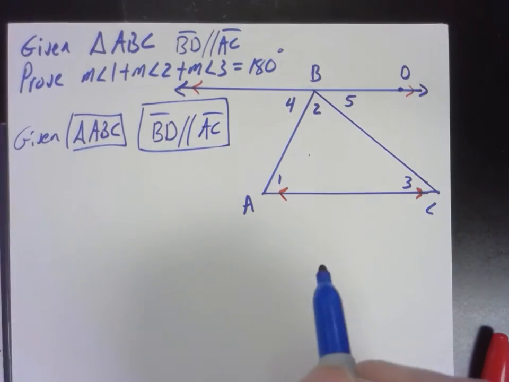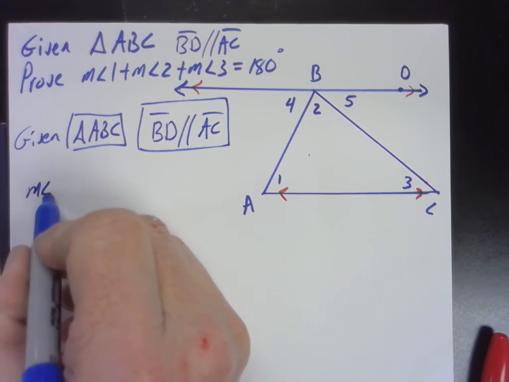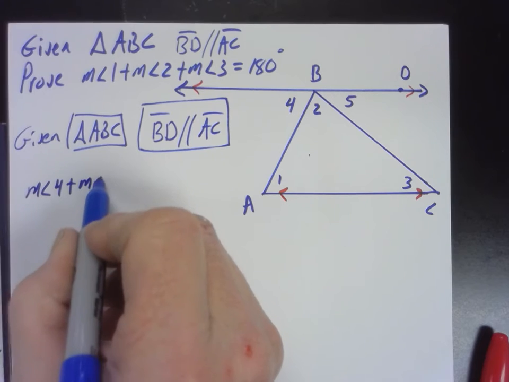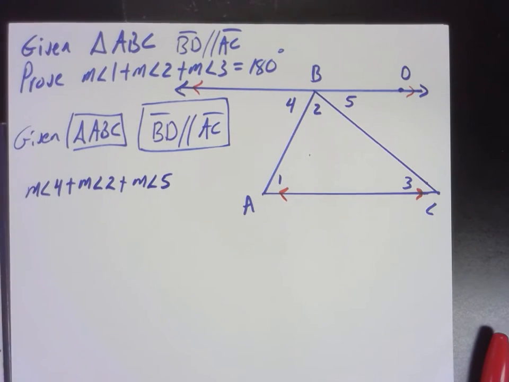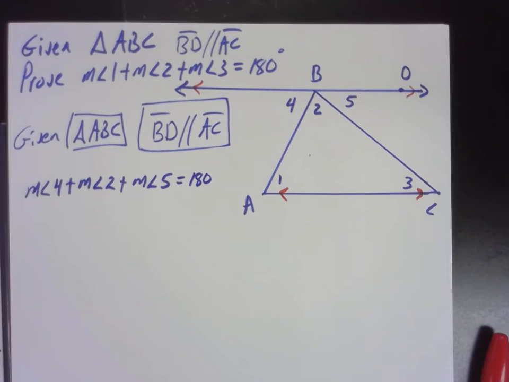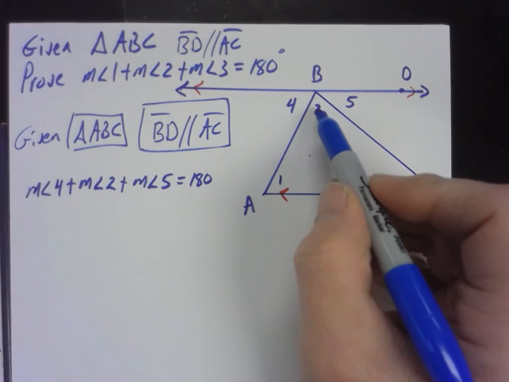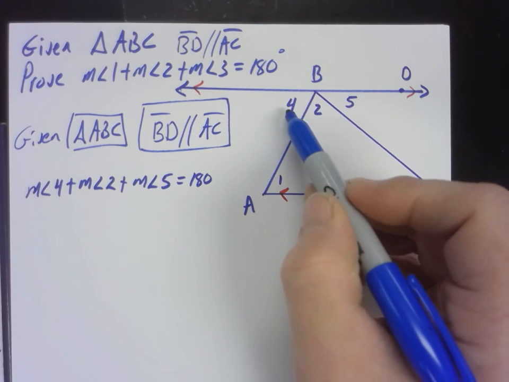This is our given information. But I don't really need that to talk about this next thing. What do you guys think about the measure of angle 4 plus the measure of angle 2 plus the measure of angle 5? Well, how do you know that? Because it's basically a linear pair on a straight line. Now we don't have a linear pair here, do we?